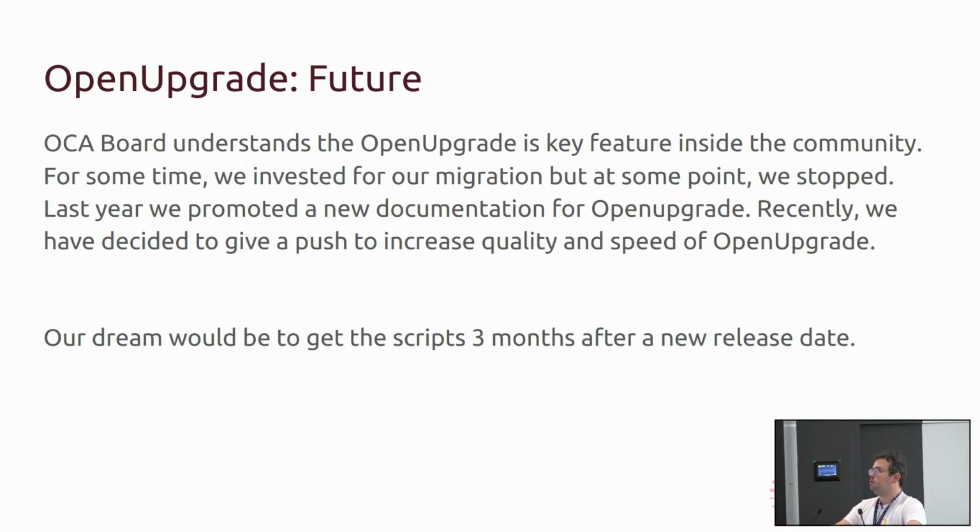At some point, we lost that for several reasons. But last year we promoted new documentation for OpenUpgrade that was done by Sylvain, just to improve the readmes on how to do migrations. Because one of the biggest problems of OpenUpgrade is that you need to know a lot about Odoo to do migrations. And that's the main problem.